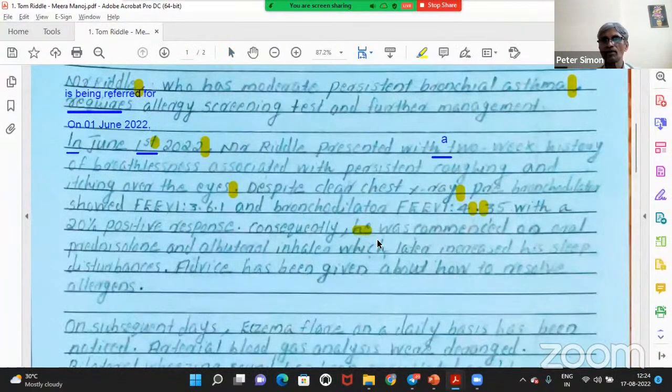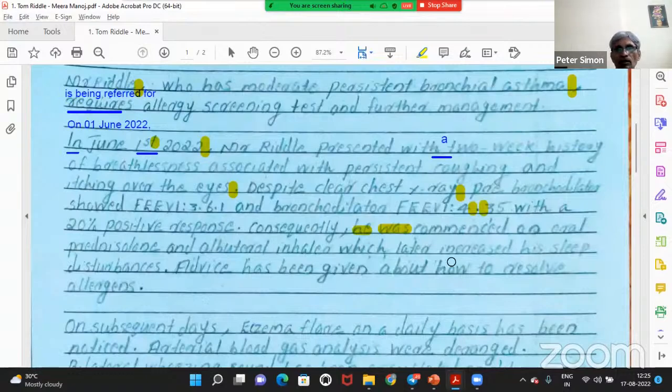So, he was commenced on oral prednisolone. Remove "he was" and also remove "on". Oral prednisolone was commenced, finished. Oral prednisolone was commenced and albuterol inhaler were commenced. The latter increased his sleep disturbances.